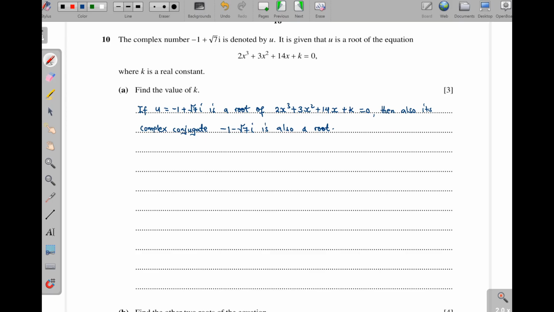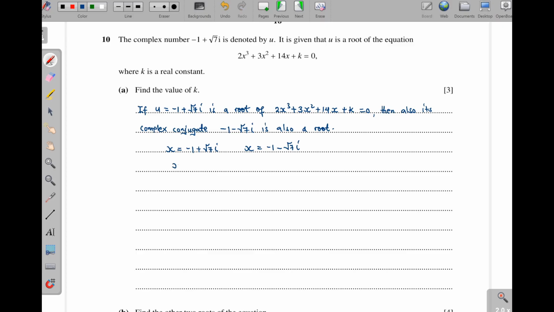All right. Or you could do this this way, and then you say we have our x, which is equal to -1 plus root of 7i. You also have another x, which is equal to -1 minus root of 7i. Then you get a factor.